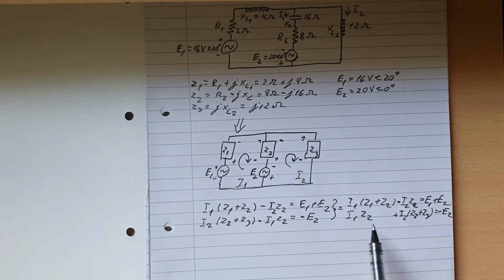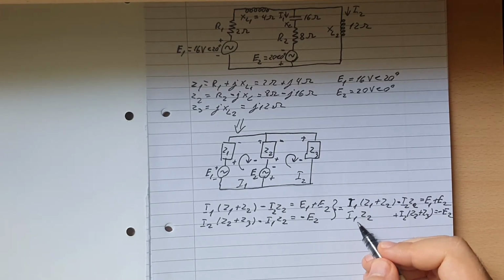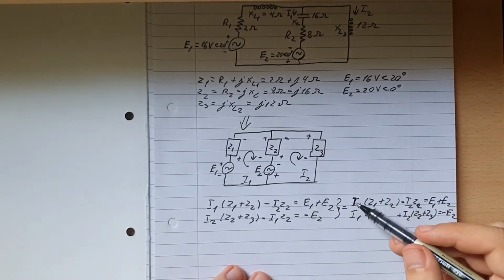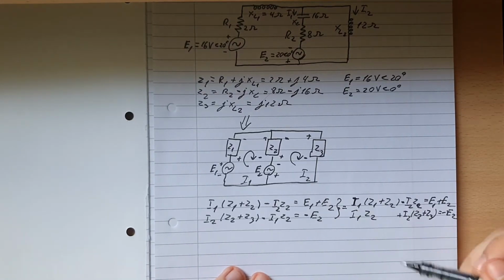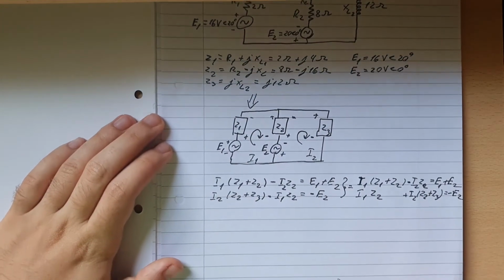Alright, if you wonder why I keep changing like this instead of just leaving them as they are, again remember it's very important to have them in the proper order. If this one is I1 and this one is I2 and I try to apply matrices on it, it doesn't work. You need to make sure they are multiplied by the same value, okay? Because if not, then it will simply not work.